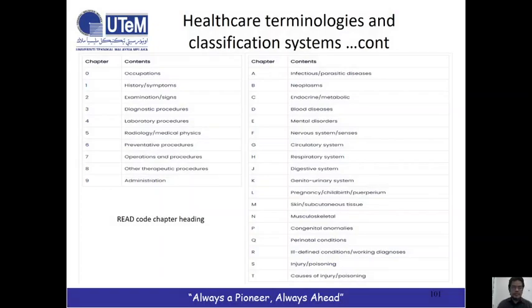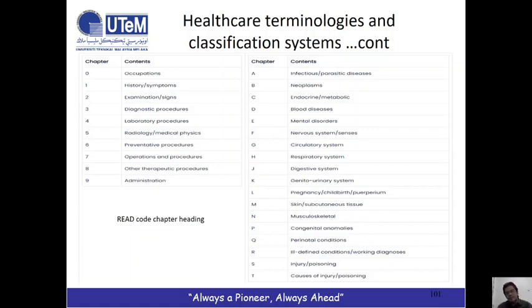Okay, this is a Read code chapter heading. Yeah? Occupation history, actually Read code does not only cater for clinical terms. They also include non-clinical terms, occupation, administrations.